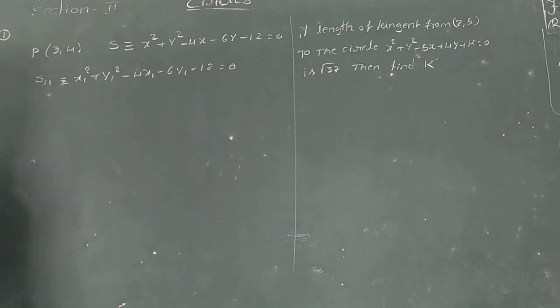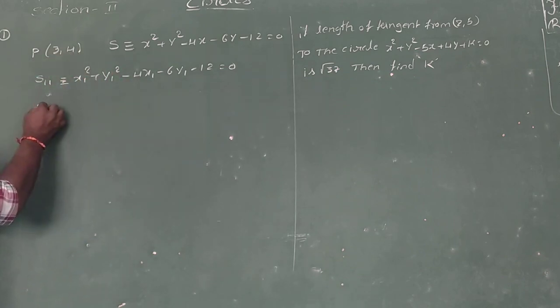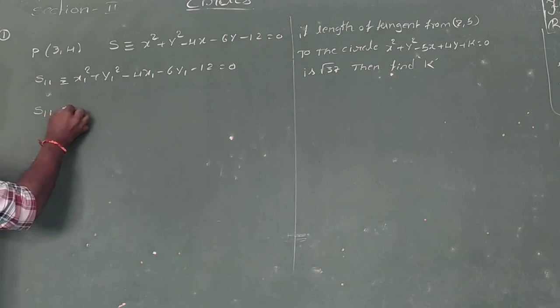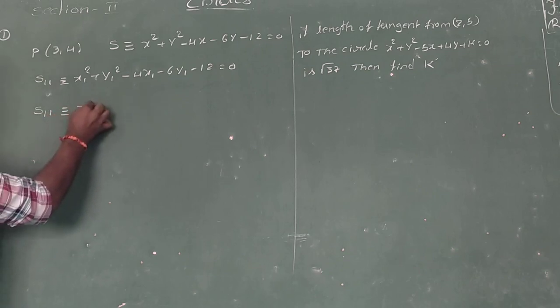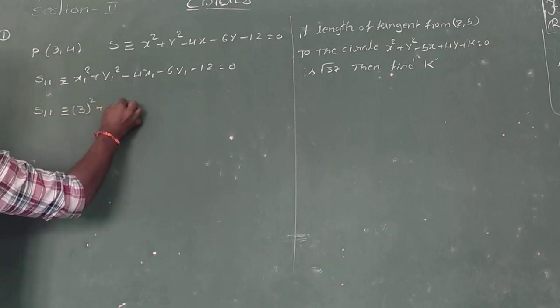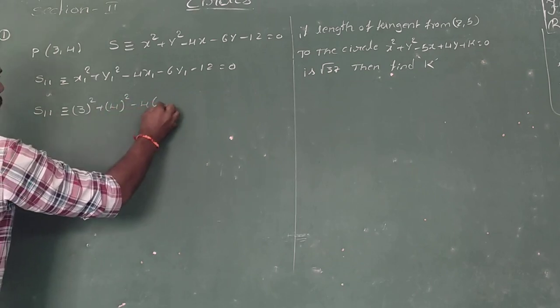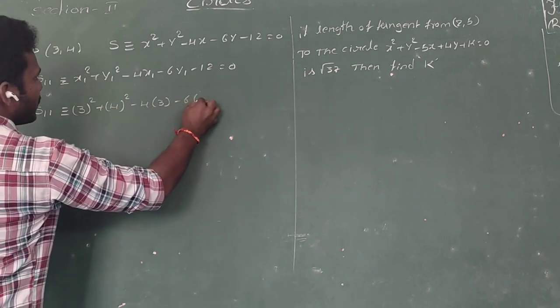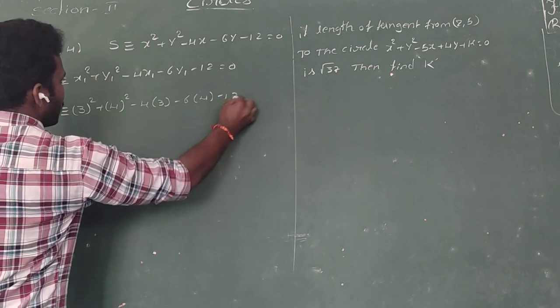Now substitute the point: x1 is 3, y1 is 4. So it is 3 square plus 4 square minus 4 into 3 minus 6 into 4 minus 12.